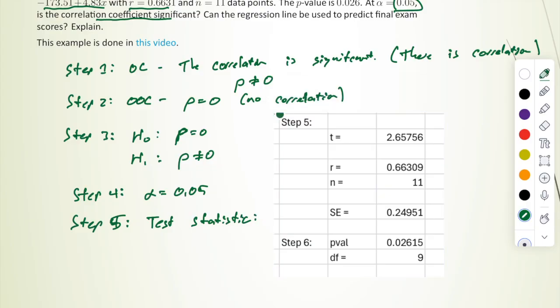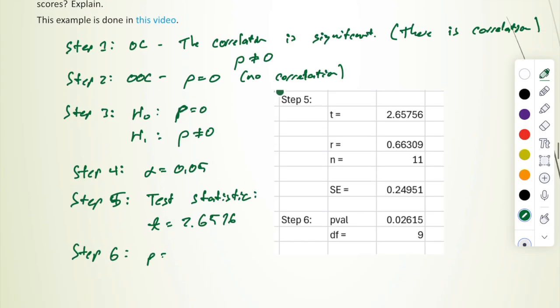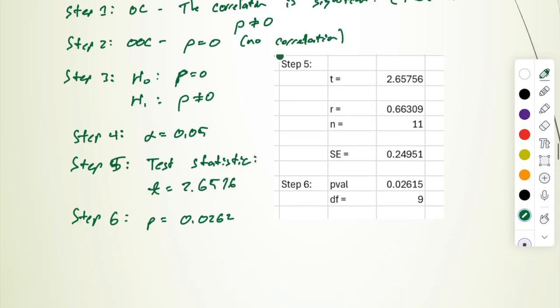All right, so we get t equals 2.6576. Step 6, we get p equals 0.0262.